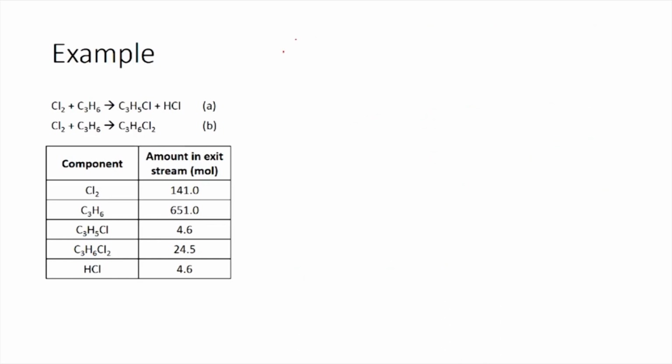So, the next part of the problem is to calculate selectivity. We have been asked to calculate the selectivity of C3H5Cl relative to C3H6Cl2, indicating that C3H5Cl is probably the desired product. So, we will calculate this selectivity as C3H5Cl which is formed to C3H6Cl2 that has been formed.